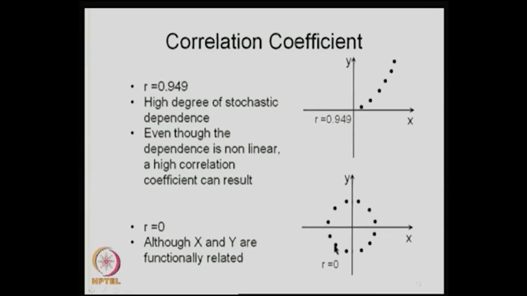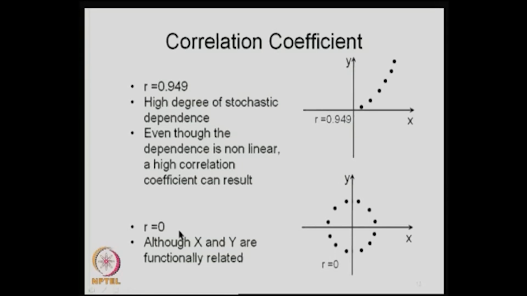You take the case of points lying on the periphery of a circle. So, there is a perfect functional relationship between x and y defined by the equation of the circle here. However, the correlation coefficient will be 0 in this particular case, because there is a non-linear functional relationship and the correlation coefficient captures only the linear relationship.